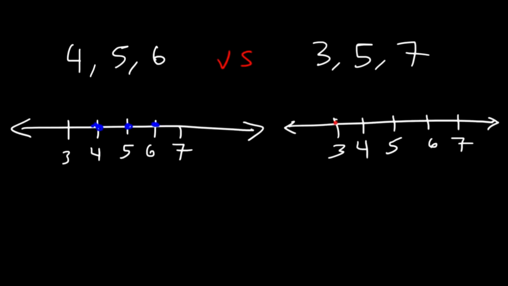We're going to have 3, 5, and 7. So if you look at the red points, the points in red are further apart. The points in blue, they're very close together. So therefore, 4, 5, and 6 has a lower standard deviation than 3, 5, and 7. So sigma is low, and here the sigma value is high.